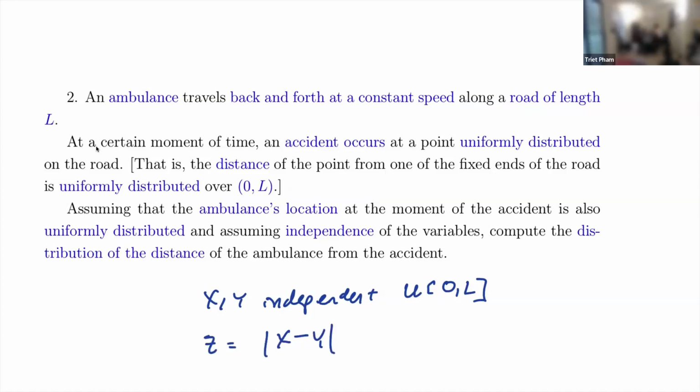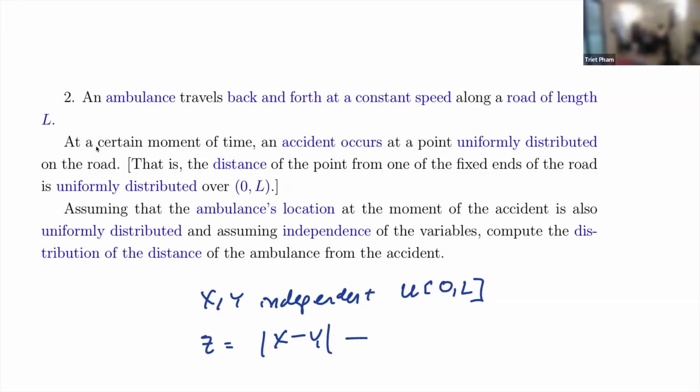Just X, Y, and Z. So we need to find the distribution of Z. In other words, we need to find the density of Z.